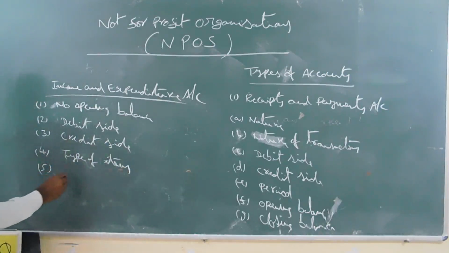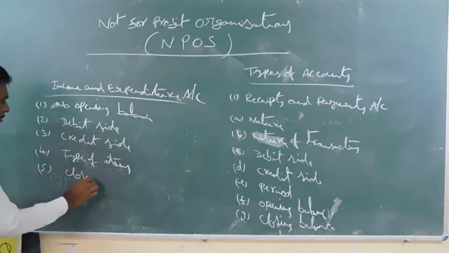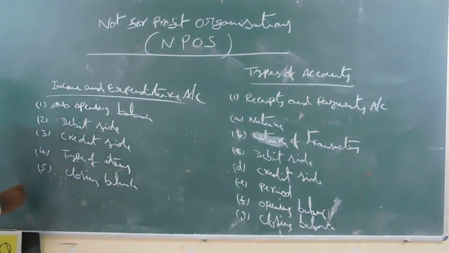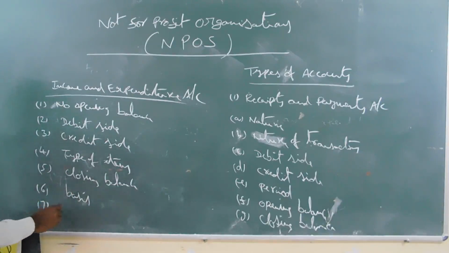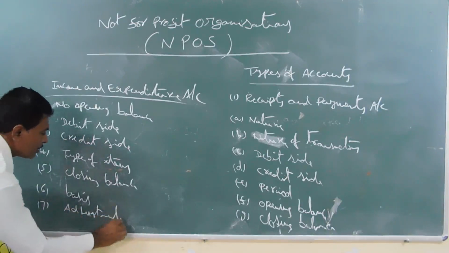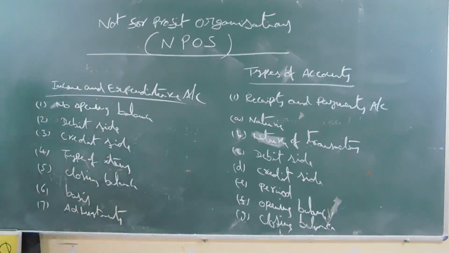Fifth one, closing balance. Sixth one, basis. Seventh one, adjustments. So these are some of the salient features of income and expenditure account.